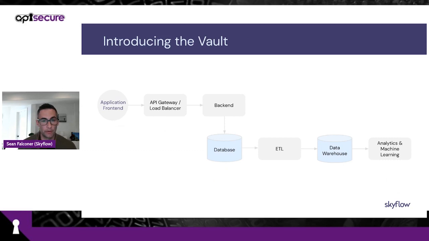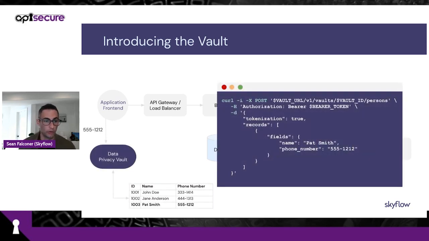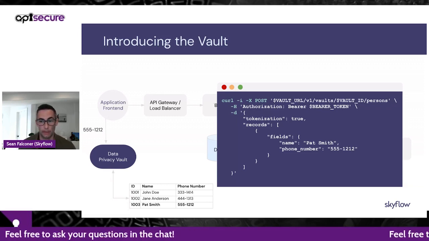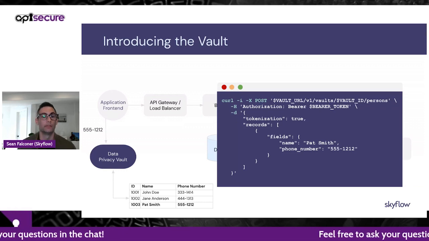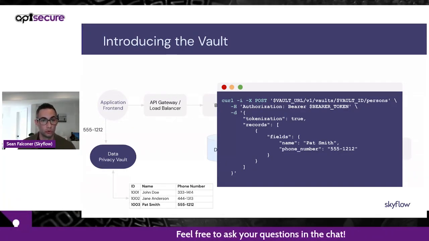We could take someone's phone number or any other type of sensitive data that we want to store about our customers. What we want to do in a well-designed system when it comes to privacy and security is de-identify that data as early in the life cycle as possible. So when we're collecting information like someone's phone number, we want to send that directly to our Data Privacy Vault, where it is isolated and protected outside of our existing systems and becomes a single source of truth of that data.